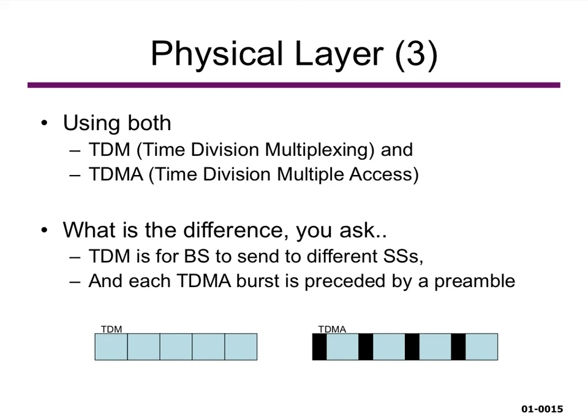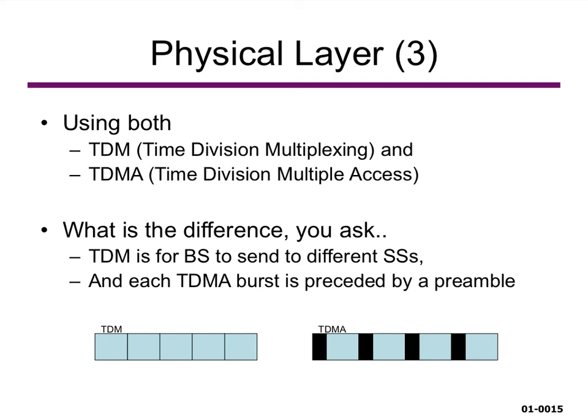So very quickly, in the physical layer, we use two different schemes: time division multiplexing and time division multiple access. What is the difference between the two? Well, when we say multiple access, we are talking about multiple nodes trying to have access to the medium.